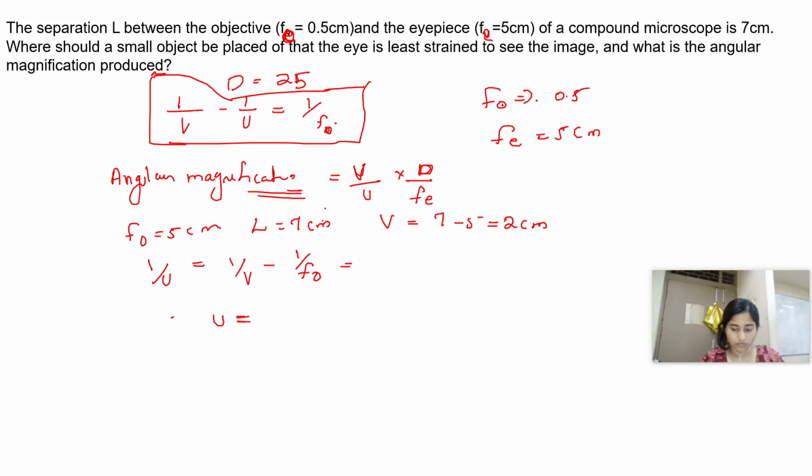What is the difference between normal magnification and angular magnification?